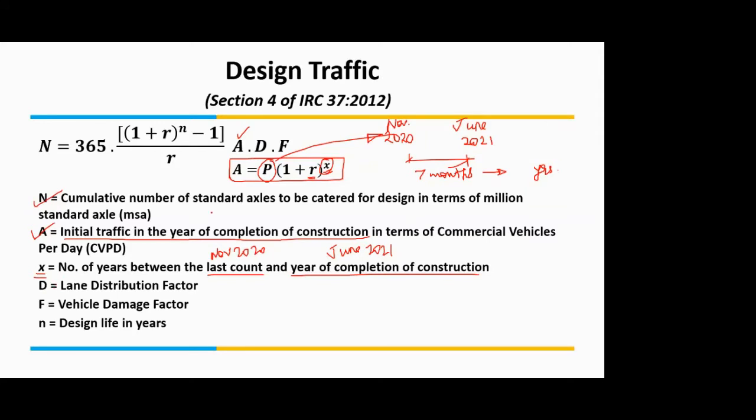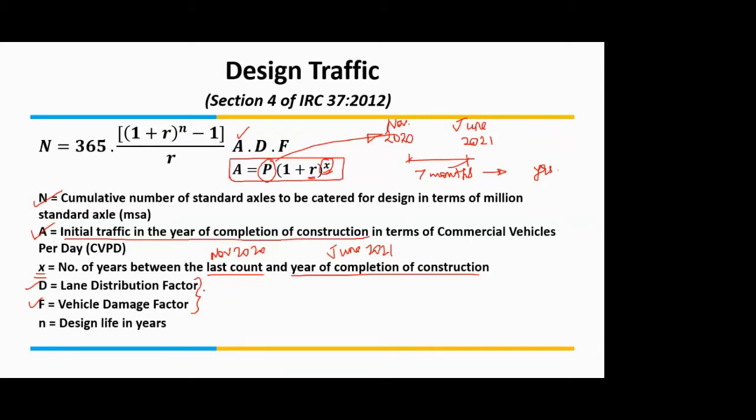Then capital D is something called the lane distribution factor. Now what is that? We will cover it when we deal with the actual design numericals, or before that, in the next slide. In that also I'll try to explain what this D is and what this F is. So we will keep both for now, for the next slide or next lectures.